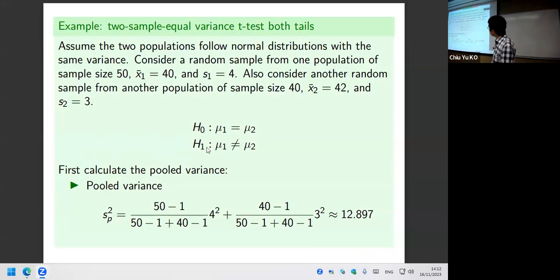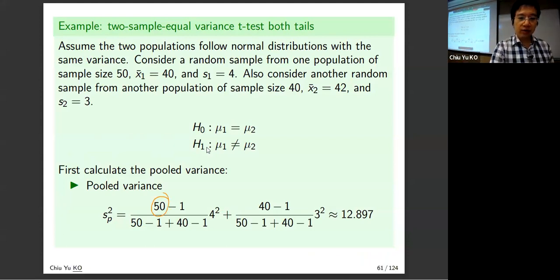Now, the first thing to do is to calculate our estimated sigma, which is given by this formula. I tell you what is what here. So just apply the formula. N1 is 50, and n2 is here, 40.